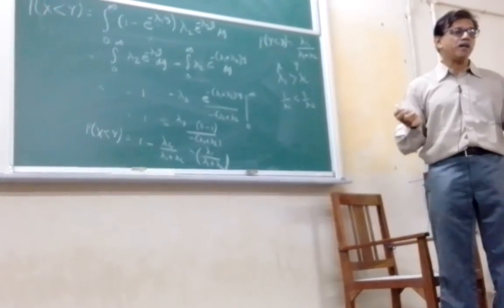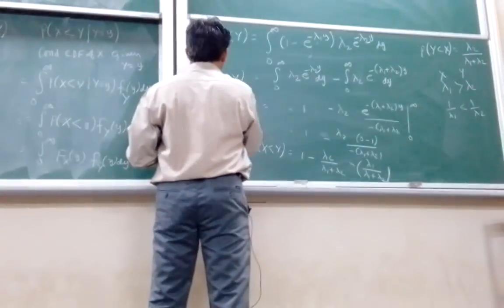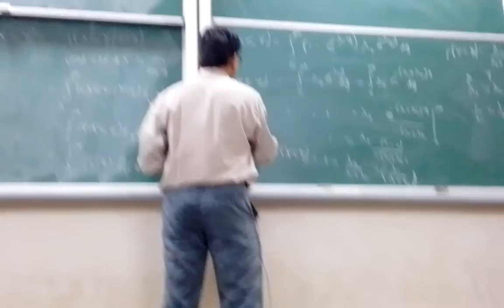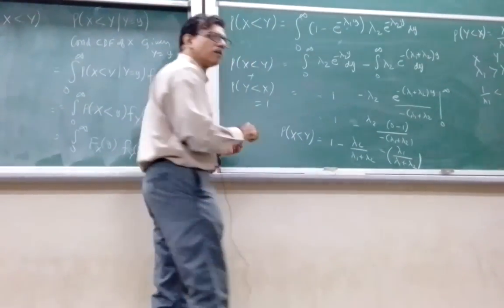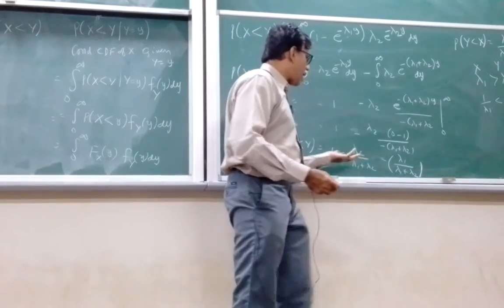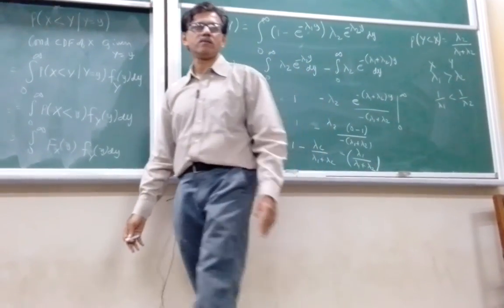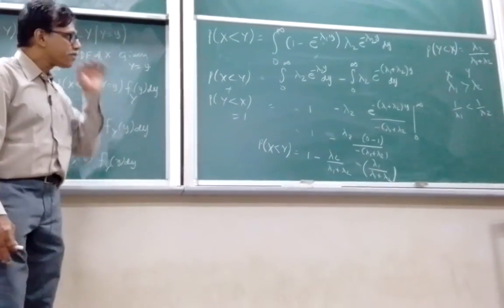And their sum should be equal to 1. The probability that X is less than Y plus the probability that Y is less than X has to be equal to 1, because one of these conditions should hold good. And it does: lambda 1 plus lambda 2 over lambda 1 plus lambda 2, it adds up to 1.